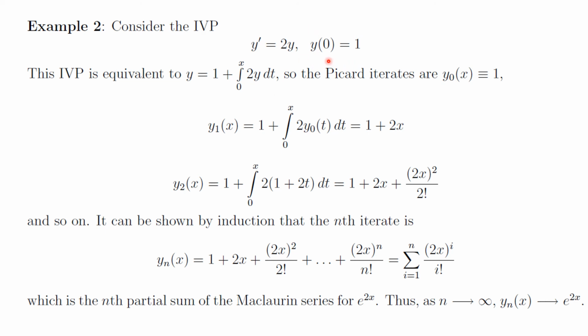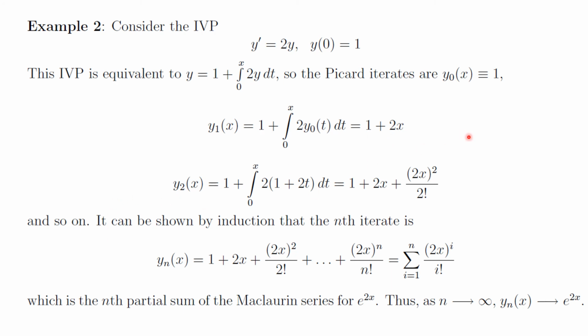So we start with y1 is equal to 1 plus the integral of y0. Now y prime ends up being 2y. That's 2y0. When I substitute y0 in, when I do this integral, I get 1 plus, integrating from 0 to x, 2.